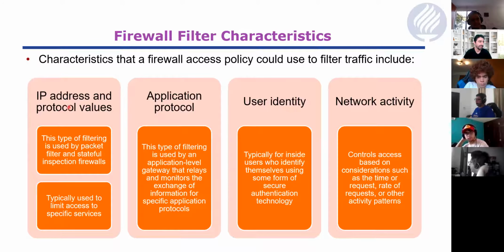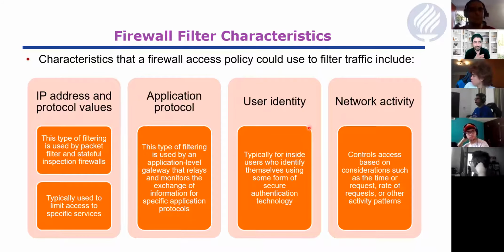For example, you can filter based on the IP address and protocol values. You can filter based on the application protocols, for example, you can assign application level gateways that relay and monitor the exchange of information for specific application protocols. Or based on the user identity, typically for inside users who identify themselves using some forms of secure authentication technologies.